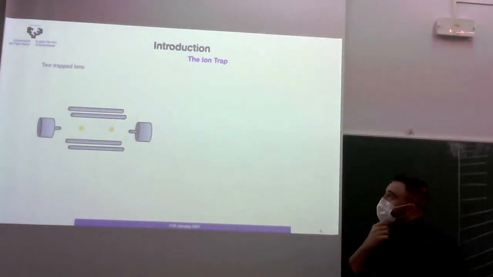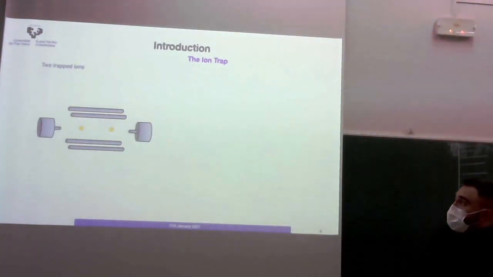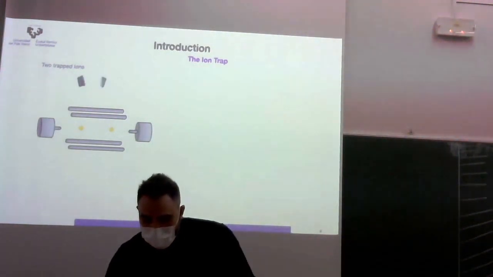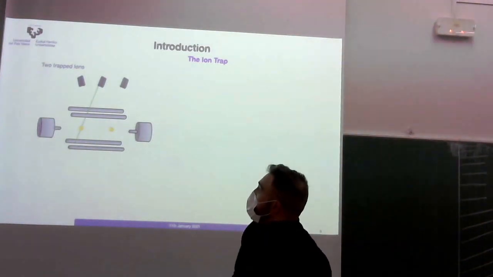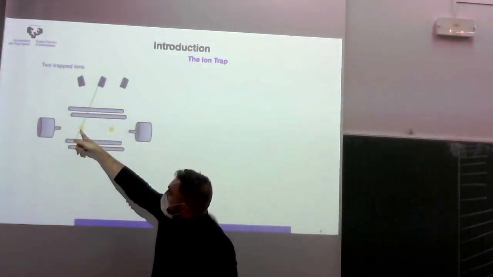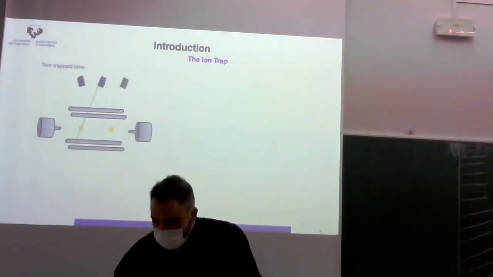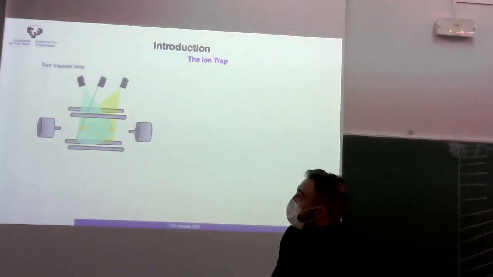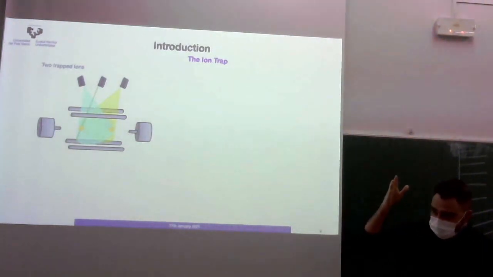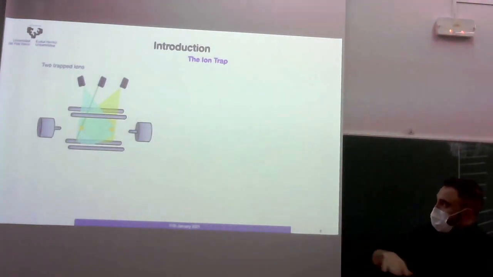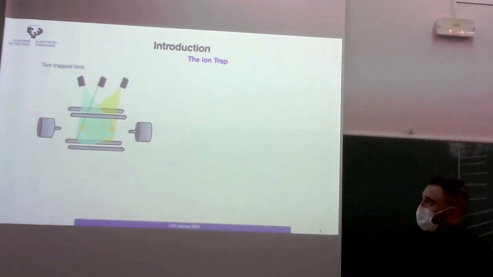So imagine that we have two trapped ions. We're going to introduce three lasers. The third of them is just going to be directed to the first ion, and we also have two more lasers that are not necessarily so much precise, so they can point to both ions at the same time.